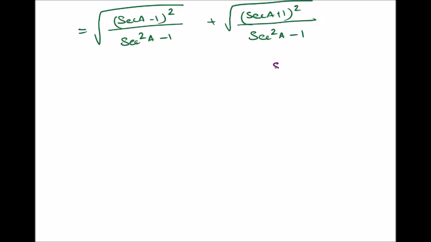We know that sec square A minus 1 is equal to tan square A. So substitute the values here.